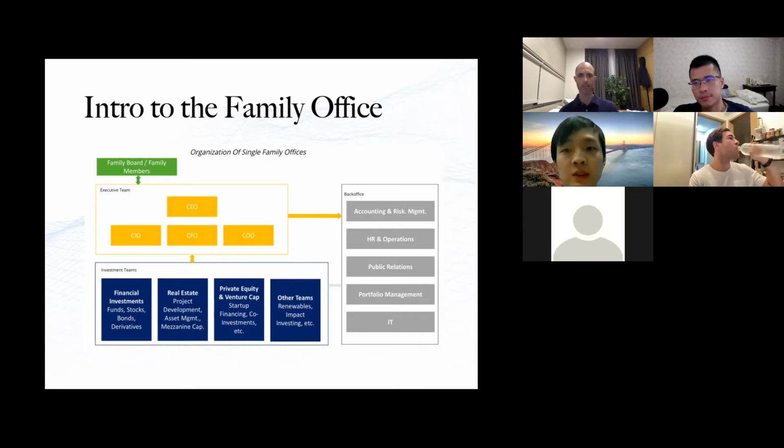Then you may have different investment teams. You may have one investment team with everybody kind of sharing. In this case here, they have some examples of different asset classes that might be in a family office's portfolio, and there may be dedicated teams as a result focusing on each of those asset classes. Then you have the back office function on the right in the gray box, like the accounting, operations, HR, public relations.